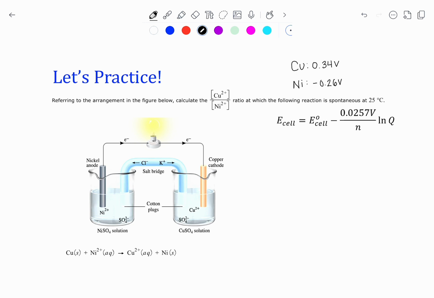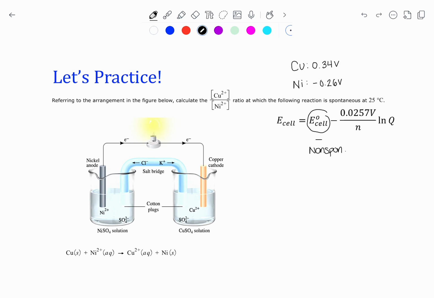So this problem comes from your Alex homework for section 5, and again it's essentially asking at what point will this reaction be spontaneous, because what we're going to find is that E cell is going to be negative, which we know means non-spontaneous. However, for our galvanic cell to work and for us to have electricity flowing, we have to have a spontaneous reaction.